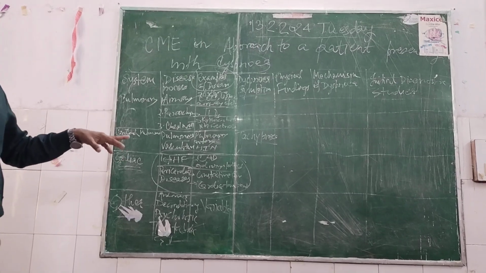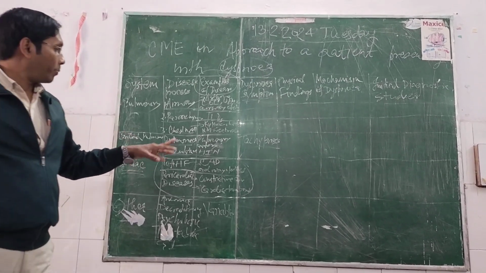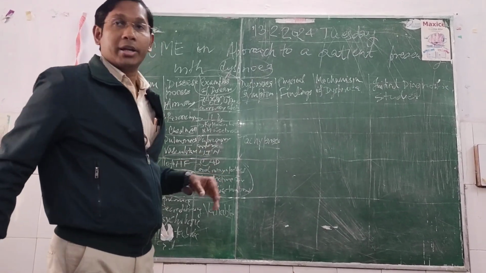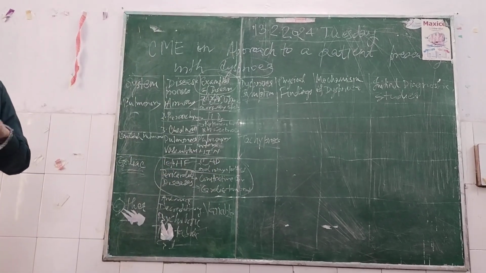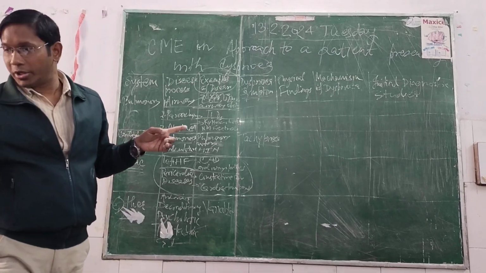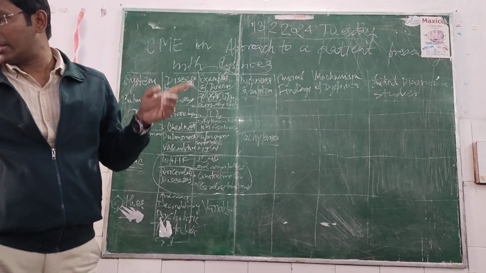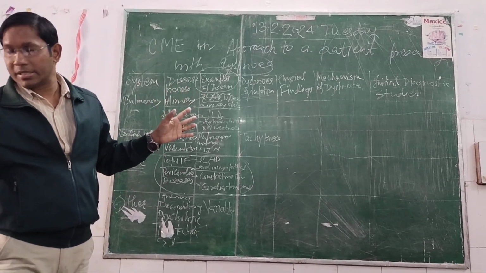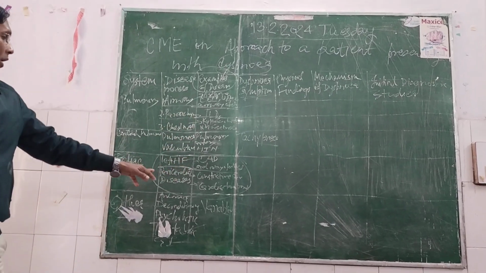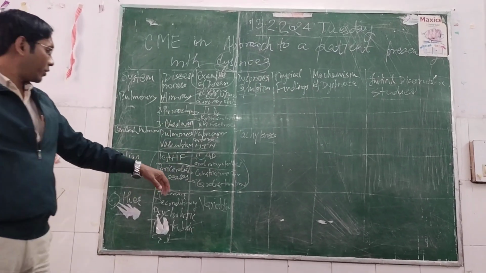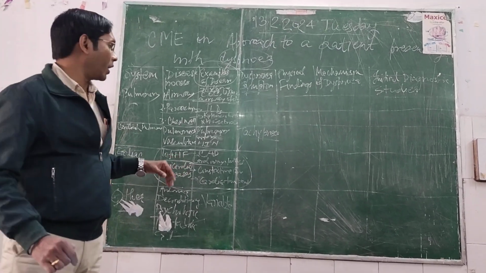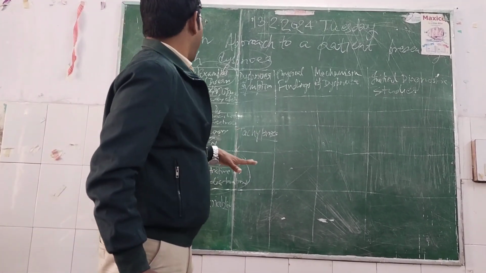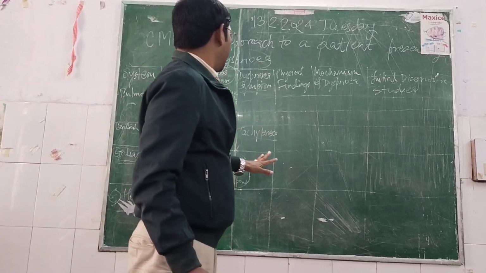And there is a condition called pulsus paradoxus in case of pericardial diseases, that is found in cardiac tamponade. So raised left heart pressure, wet basal rales, and pulsus paradoxus. And pulsus paradoxus will be found in cardiac tamponade, that is pericardial disease. That will be the physical findings.